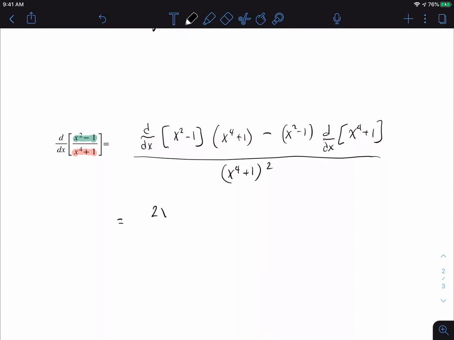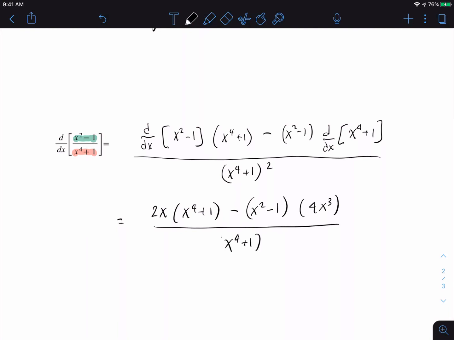So that's going to give me 2x times x to the 4th plus 1, minus x squared minus 1 times 4x cubed, all over x to the 4th plus 1, that quantity squared.